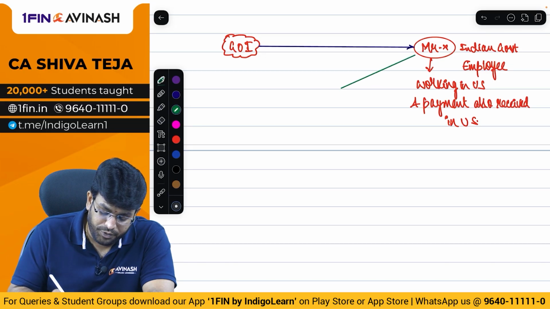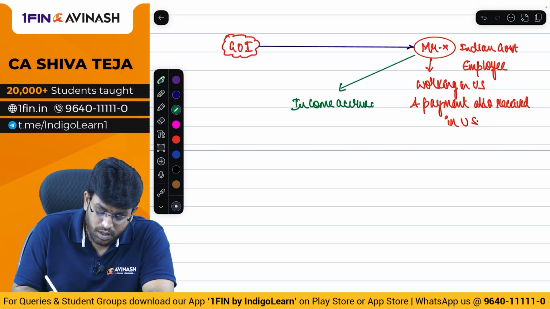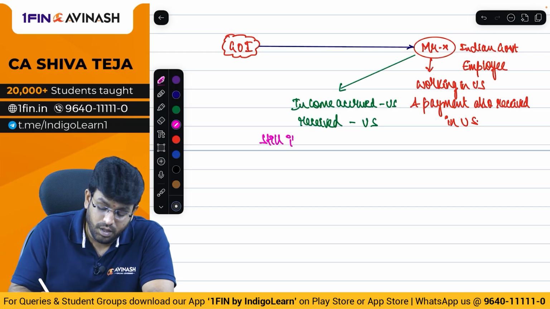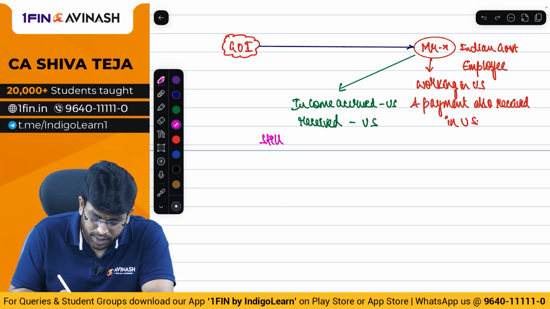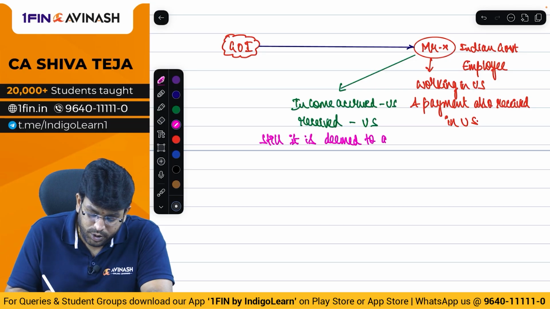Now from X point of view, what they told in the law is that income is accrued in US, received also in US. Accrued in US, received also in US. Still it is deemed to accrue or arise in India.